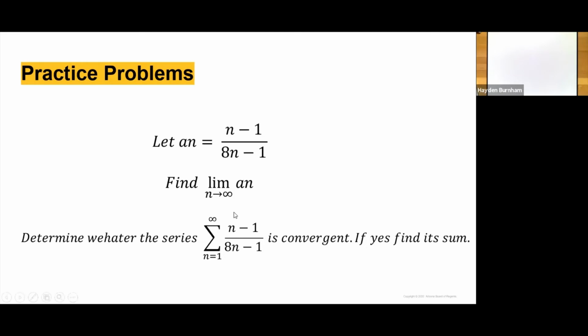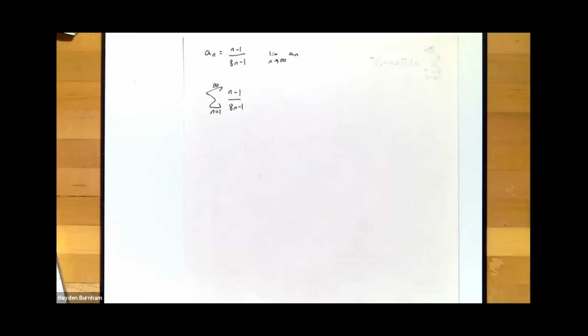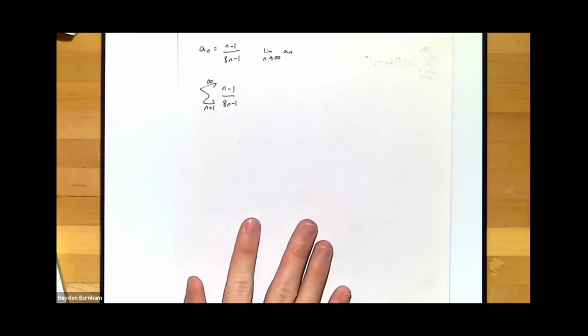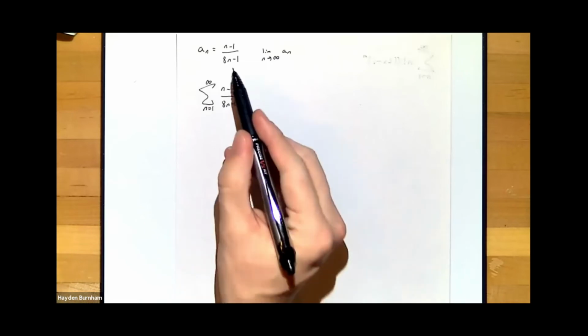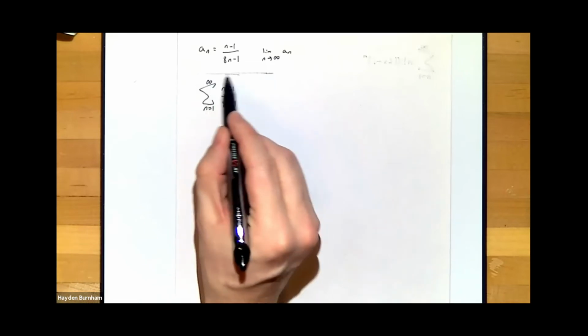Like, for example, I have this problem of n minus 1 over 8n minus 1. I'm just going to grab that. So the first part of the problem was just this. I'm going to ignore the series for now.